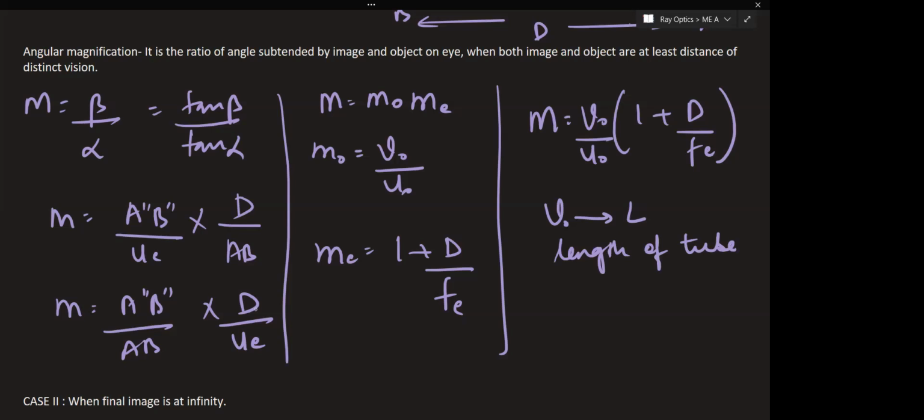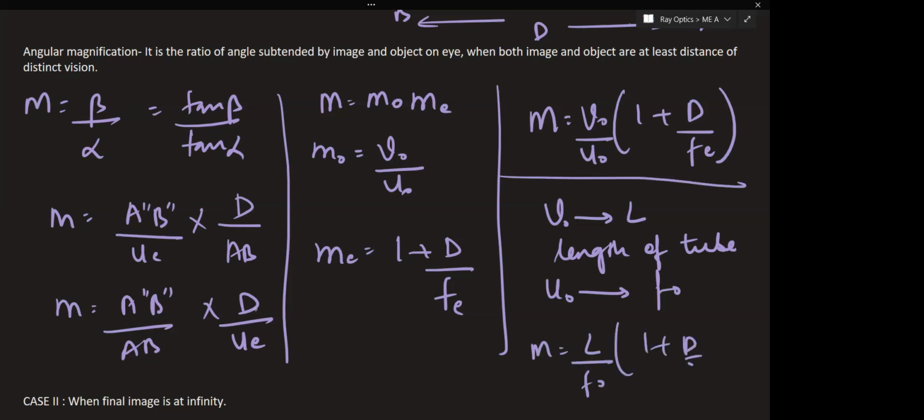So U naught is replaced by the focus of the objective. Till here your answer is solved. This is, that is, L by F naught, 1 plus D by Fe. This is a special case. This case is valid when the object is placed close to focus.